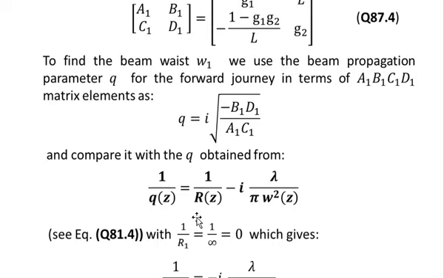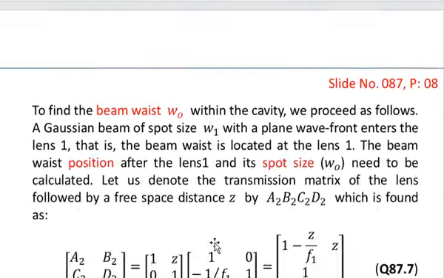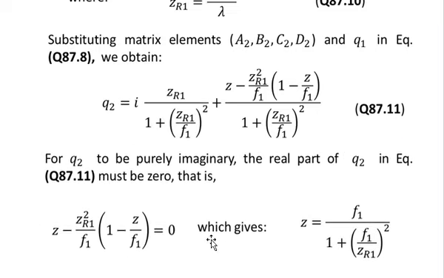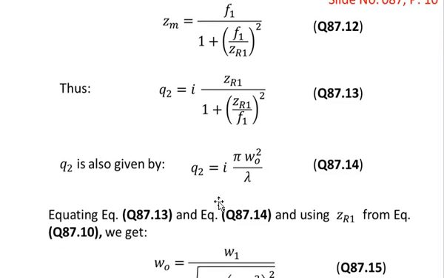So this becomes 0 because we want q to be a complex quantity. For that q, you need to set w naught over here, because this q will correspond to the complex radius of curvature where the beam waist w naught exists. So set w naught over here and then set q2 there. So we have q naught is equal to iota into pi w naught square over lambda in equation number 14.